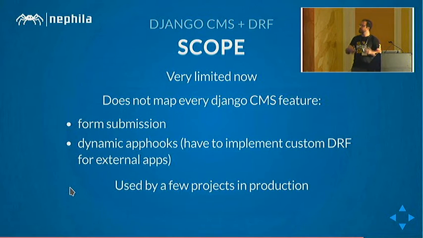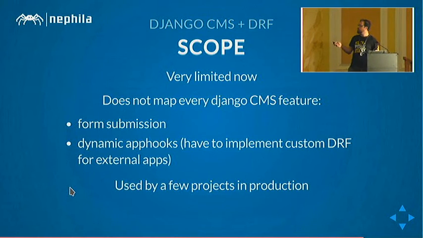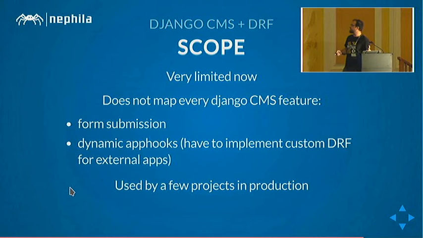Actually, it extends the Django URL conf, but you can control, by using the Django CMS interface, where the application is linked to, and this is currently not possible. You have to implement your custom API to use external applications. Still, it's used in a few projects in production, so it's kind of working for the scope it was built.